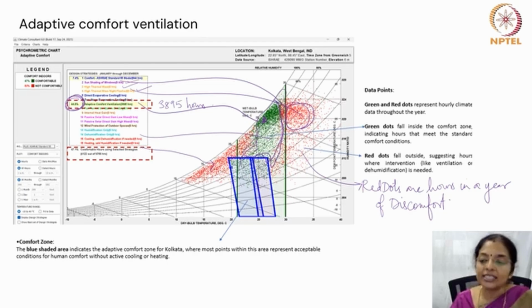And that is the reason why I have taught you psychrometric chart in detail. You don't have to be scared by seeing all those lines that I showed you. You don't have to be scared that you may have to end up drawing that or learning that. I've showed you all that because eventually when we learn about the software, you will use the psychrometric chart and you should know what it means.